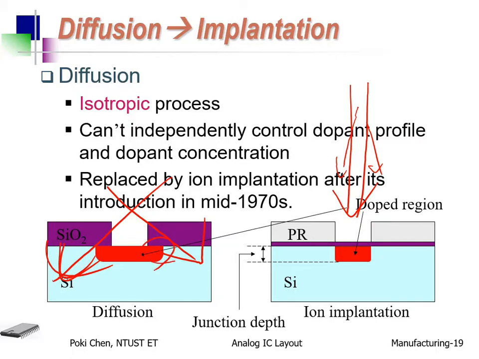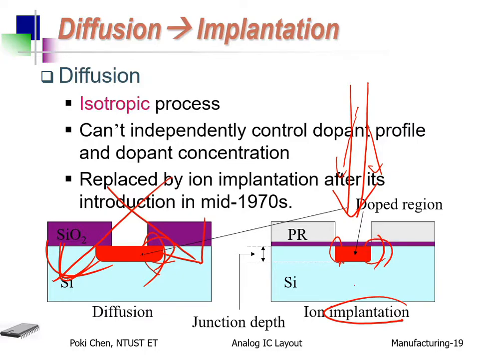You will have some, but much better than this. The other lesson you need to know: we still call it side diffusion. Why don't we call it side implantation? Don't ask me. I'm not a materials guy. According to naming, even with implantation, we still call it side diffusion.